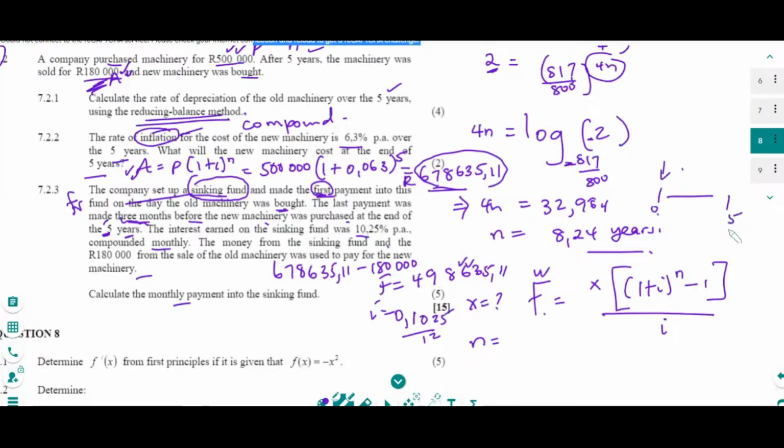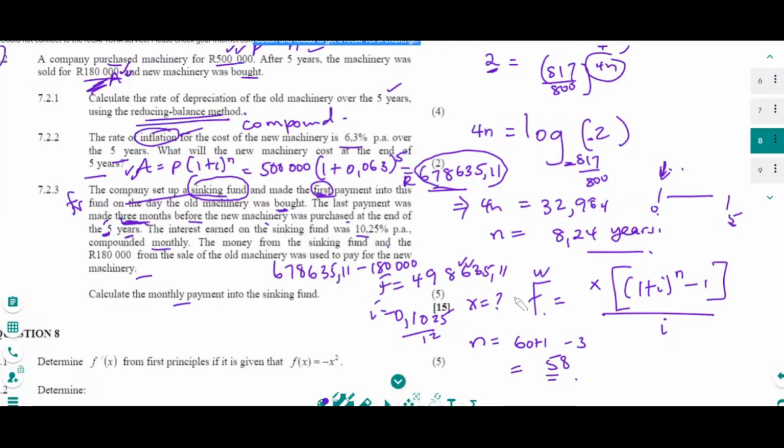So within 5 years, if you're compounding it monthly, we were meant to have 60. There was an initial payment that was made initially. It was meant to be 61 payments. But now, since the last payment is made 3 months before, we can subtract the 3. And then we end up with 58. So which means 58 installments are going to be made.